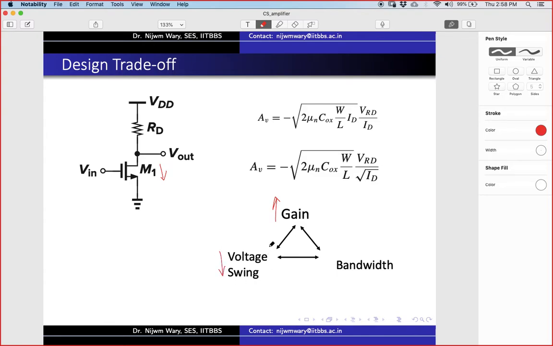So this is again a trade-off. Of course, my VDD is constant, so I cannot increase my VDD. In an IC, we have only the VDD fixed, maybe 1 volt or 1.2 volt, something like that. So the takeaway point here is that when we are designing a transistor, it is not just that if we want to increase the gain, it will increase. There is a trade-off, and we have to find out the optimum point.